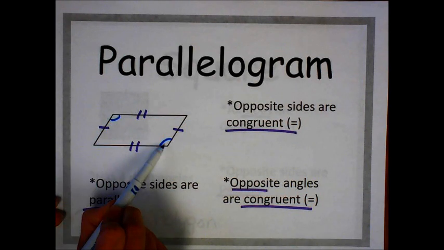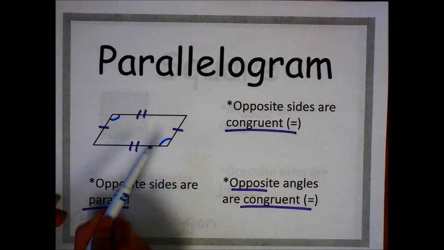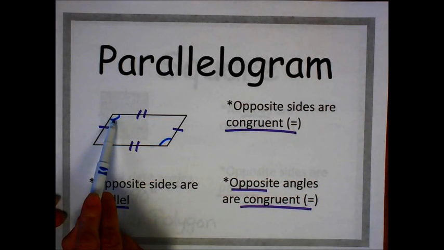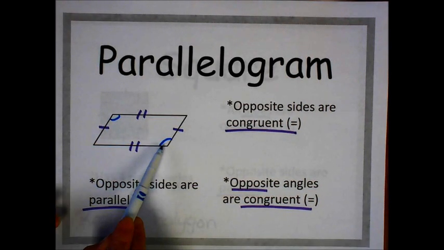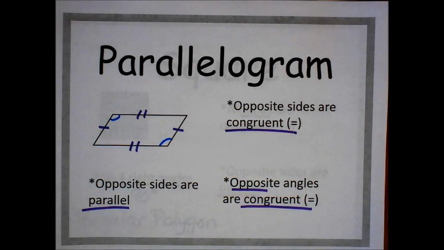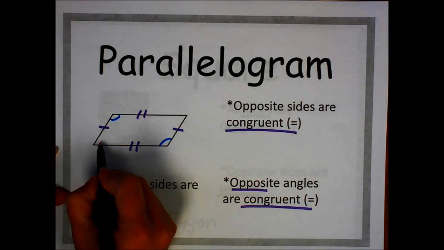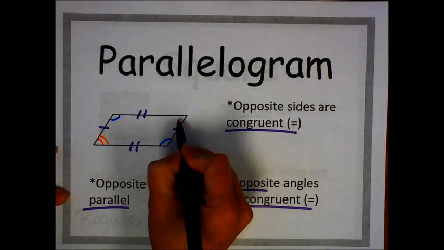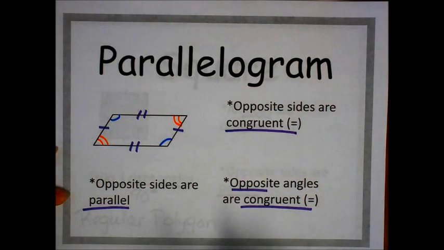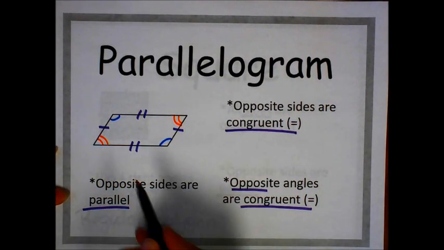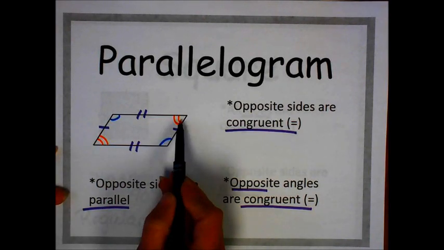So this angle and this angle, opposite angles, are congruent, meaning they have the same measurement. Notice I put 1 little mark in that angle and 1 in this one. Also, this acute angle and this acute angle are also congruent because they are opposite from each other.